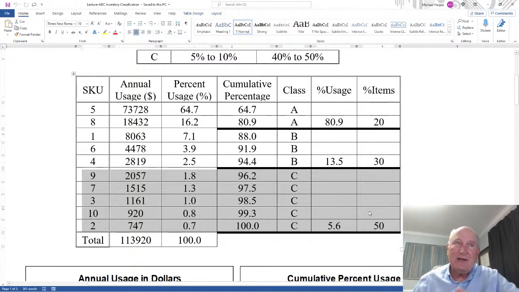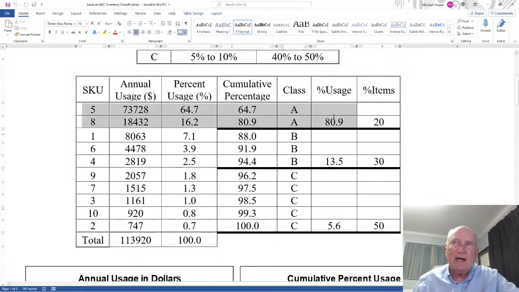And so this is a very common breakdown. It breaks down this way quite often. The reason you classify it this way is that when you start managing your inventory, your Class A items are going to have a lot more attention, a lot more effort, more analysis.